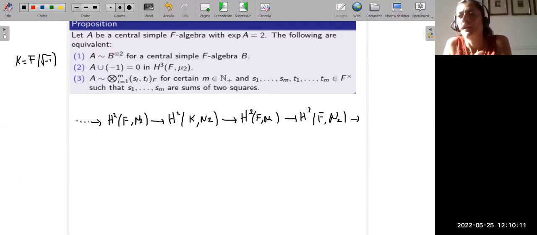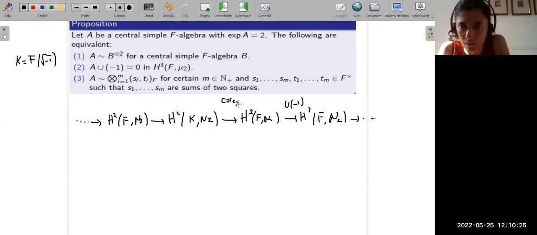Let me give you the maps. This is taking the cup product with -1. This is induced by co-restriction, and this is induced by extending scalars. Again, I am just seeing them as Brauer groups.